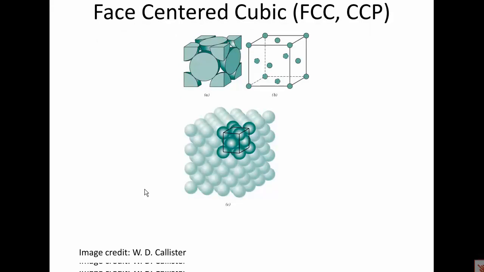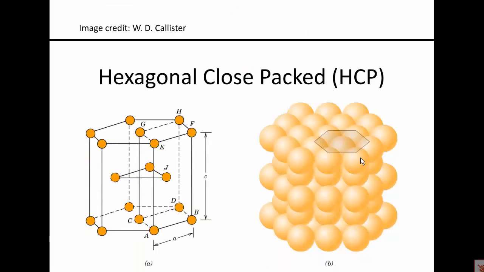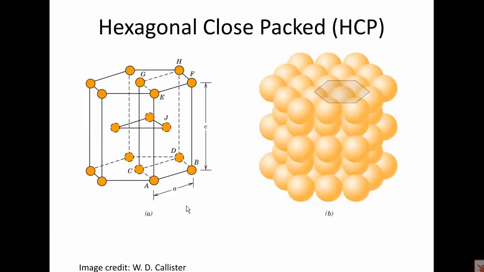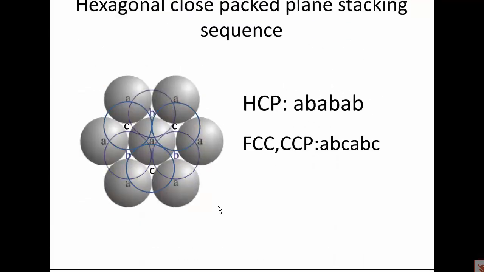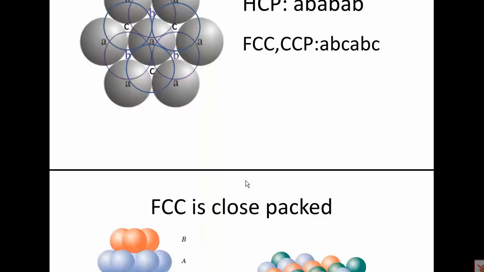It's a close-packed structure, so it's sometimes also known as cubic close-packed. We also looked at hexagonal close-packed and how the stacking sequence determines whether a close-packed structure is hexagonal close-packed or face-centered cubic.